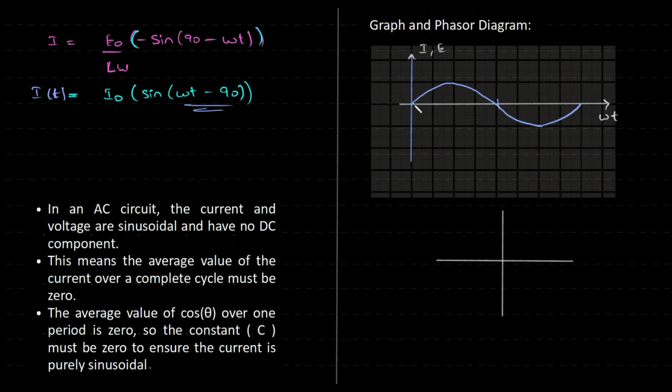If that is a graph representing voltage, this will be 0, this point will be pi by 2, this will be pi, this will be 3 pi by 2, and this will be 2 pi.